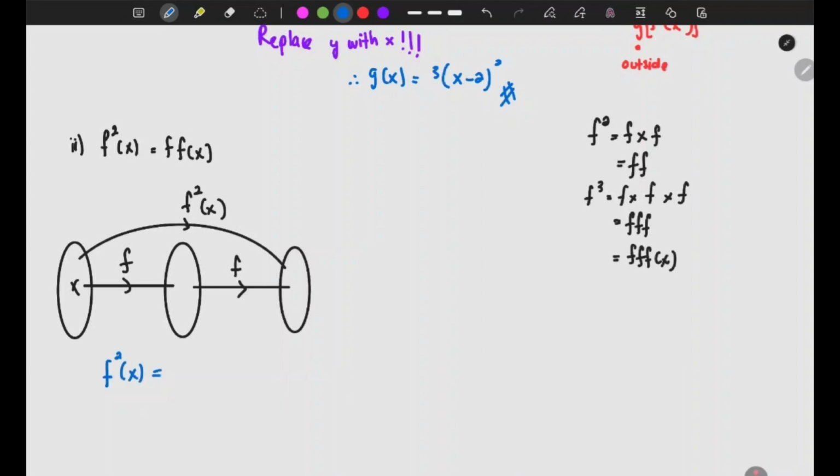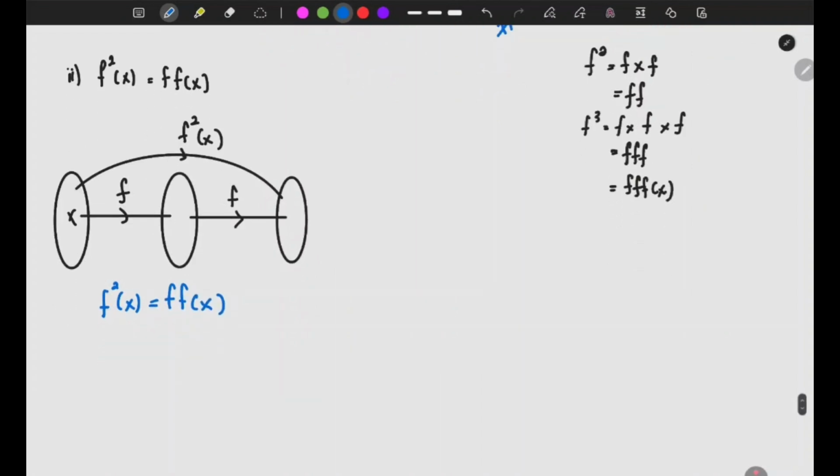You put a bracket. And then key in the first one inside. The f(x) in the bracket. So what is your f(x)? You got your f(x) as x plus 2, right? So key in x plus 2.